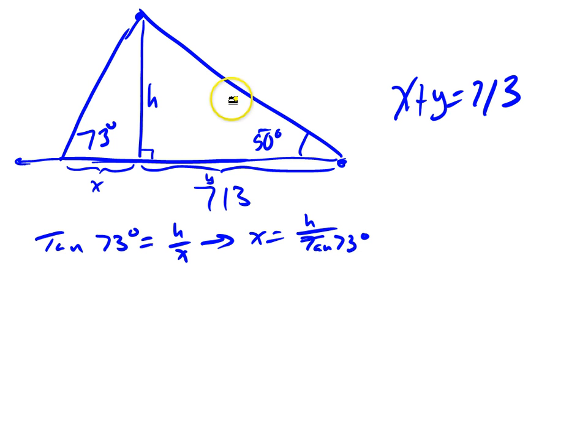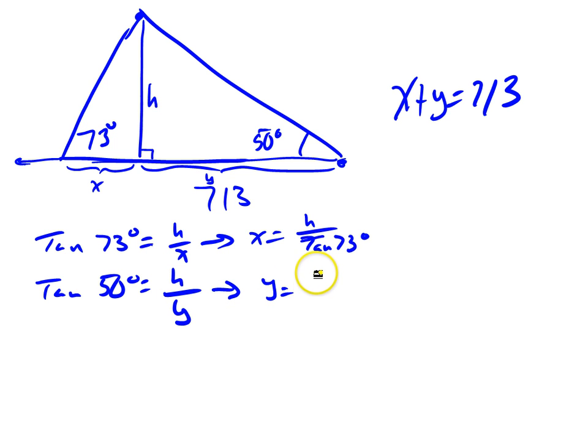Likewise, in this triangle over here on the right, H divided by Y is the tangent of 50 degrees, opposite divided by adjacent, which if I solve for Y, I get that Y is H divided by the tangent of 50 degrees.